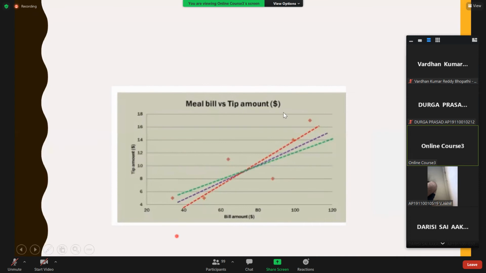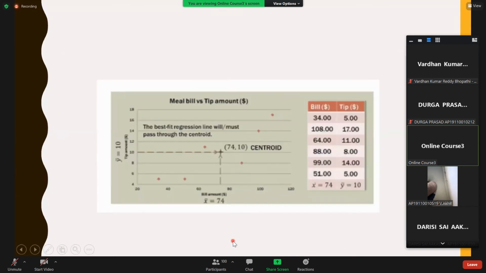There may be multiple lines passing through these points. We have to select the line which is closest to all the points. One simple method for checking whether it is a best fit line or not is that the line which passes through the centroid will be a best fit regression line.